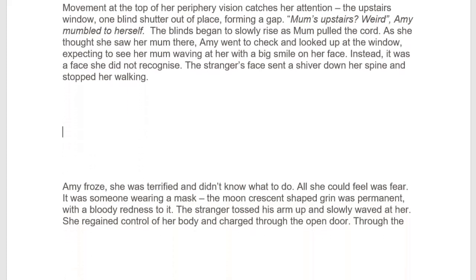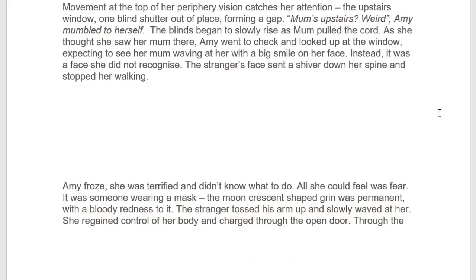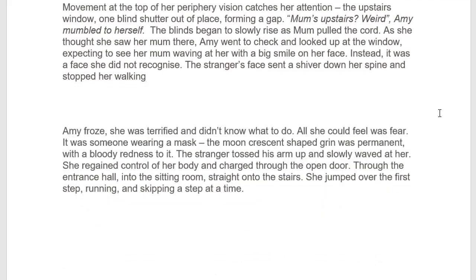Okay, what happened next? Amy froze. She was terrified. Here's the word terrified, you can find on page 26. And didn't know what to do. All she could feel was fear. It was someone wearing a mask. The moon crescent-shaped grin was permanent with a bloody redness to it.